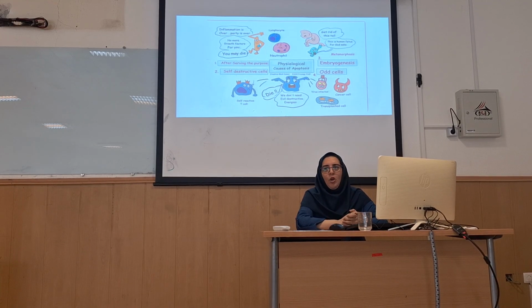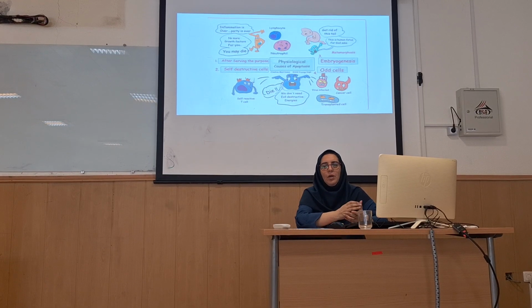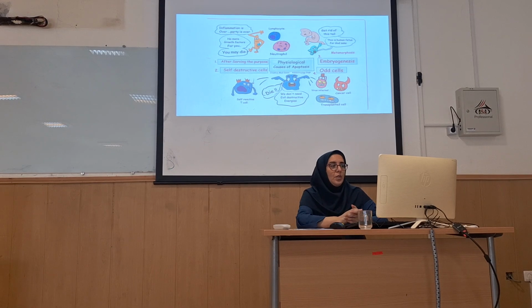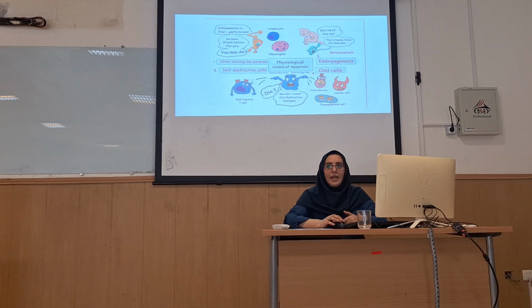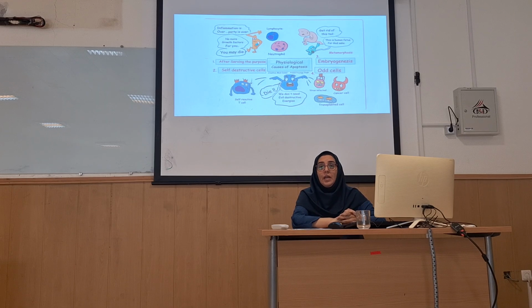For example, when we have inflammation, neutrophils, lymphocytes, and macrophages in the blood increase. But after removal of inflammation, we don't need these cells. So these cells, without any damage to other tissue, are removed by apoptosis. And also self-reactive cells in our body, for example in the thymus and bone marrow, due to the development of lymphocytes, are removed when they recognize autoantigen.